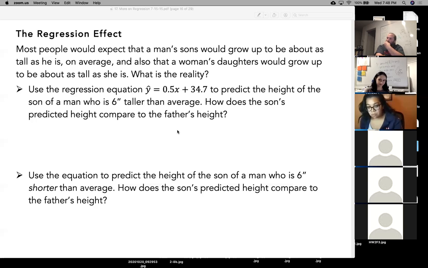No, that's not accurate. Okay. If you have an X value which is above average, and you look at the corresponding Y value on the line, no, that won't work either.